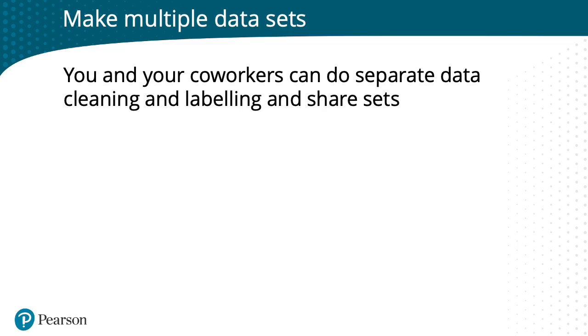And this comes up a lot when you're working on a team to develop a machine learning model. So you and your coworkers can do your own data cleaning, your own labeling, you can share data sets, you can have completely different MLOps pipelines for your data handling if you want to, just so that everyone is comfortable with the data they're working with and the features that they want to use for their particular experiments.